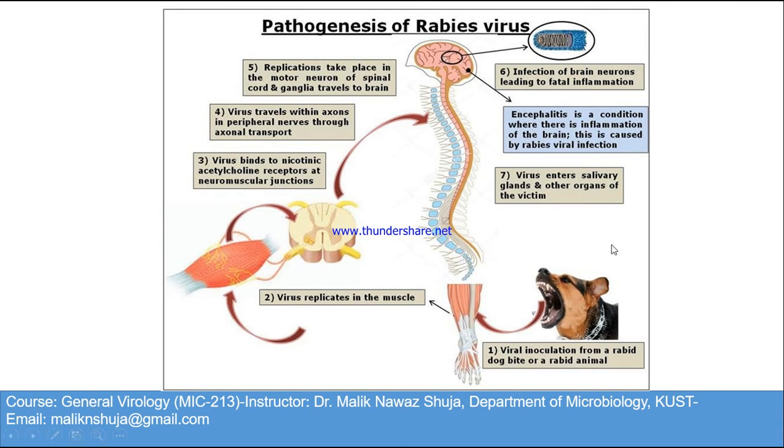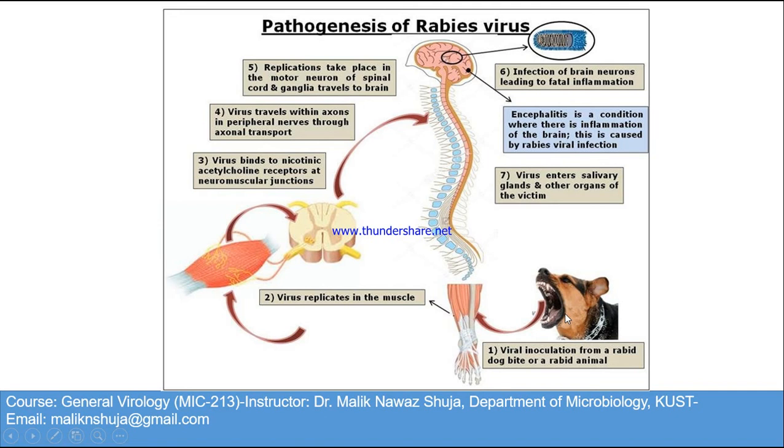In the early stages, there is the viral bite, because in third world countries most cases have been reported due to the bites of street dogs. So many reports are available that the virus has spread because of stray dogs, free dogs moving in the streets, and there is no monitoring community to control them and vaccinate them at regular intervals.